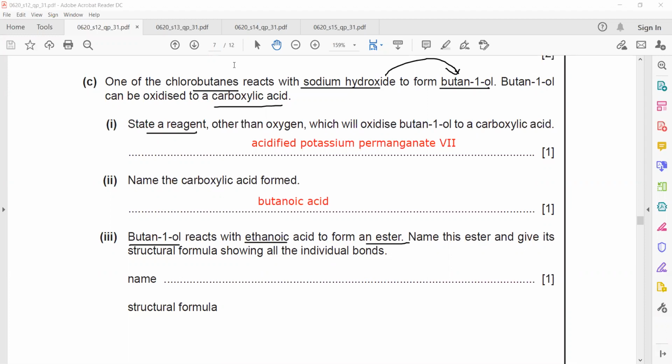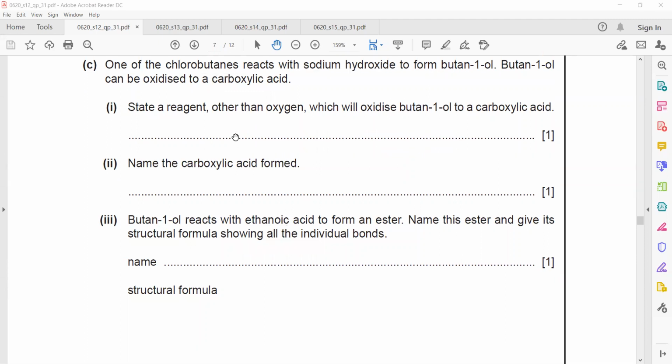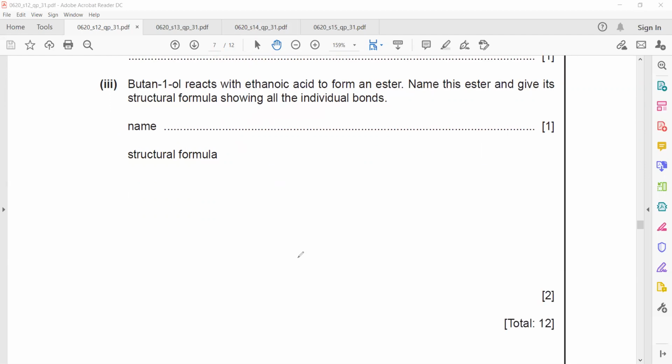The first name is from the alcohol and the second name is from the carboxylic acid. And then you have to draw the structure to show all the bonds. So butyl ethanoate: C double bonded with O, but means 4 carbons and eth means 2 carbons, one is already there, one we will draw, and the remaining hydrogens you will draw accordingly, checking the number of bonds used.